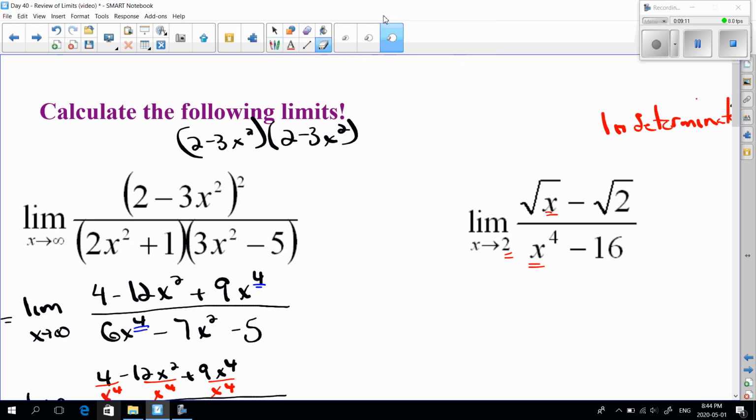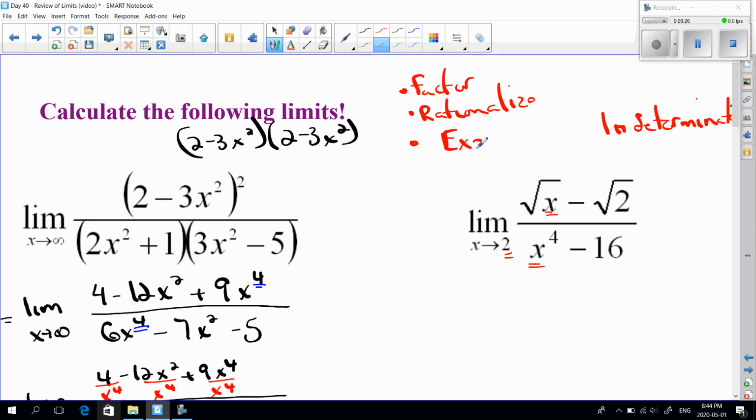To get rid of the indeterminate form, there are several techniques I could use. We can factor, we can rationalize, we can expand and simplify, or we can use common denominators if you have a complex fraction.